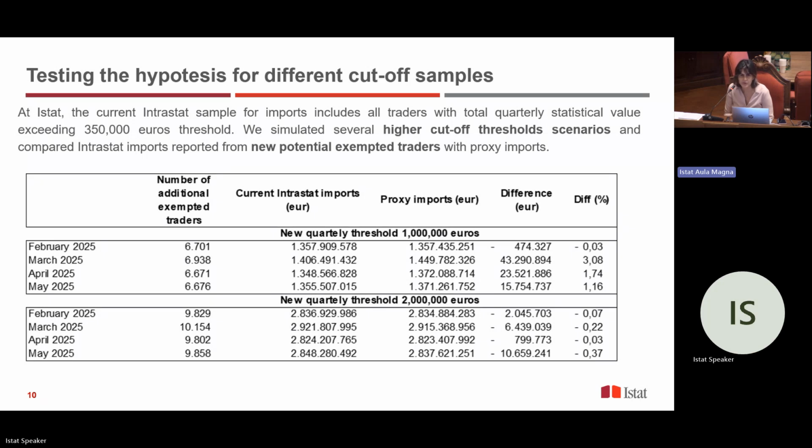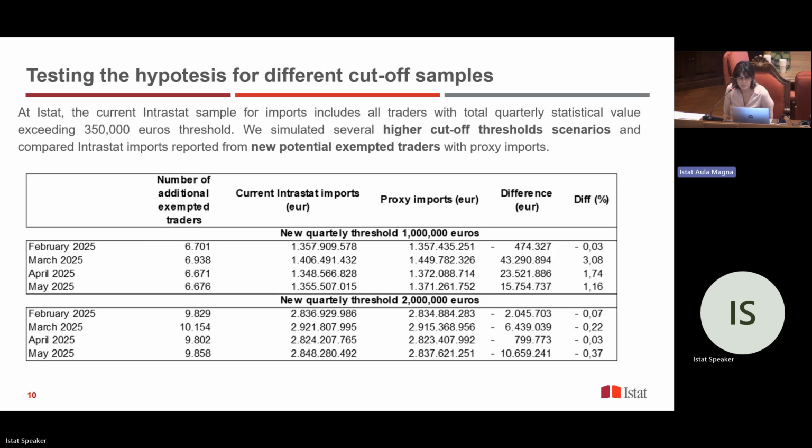And we simulated different higher cutoff threshold scenarios in order to see how this proxy was representing the total trade of this set of economic operators, units, which would be exempted with these higher thresholds. So in this table, you can see the result concerning two higher thresholds, 1 million euro and 2 million euro quarterly.